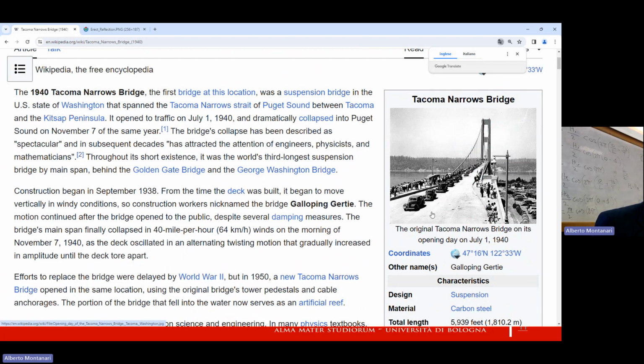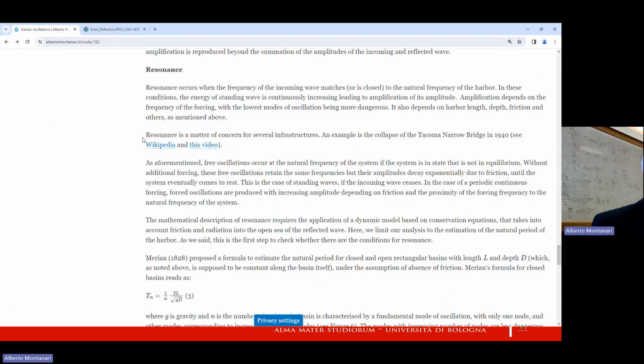And you see that they made a celebration for the inaugural ceremony, and they basically organized the celebration in order to pass several cars at a regular distance. This is what can cause resonance. And I think there is a nice video here.